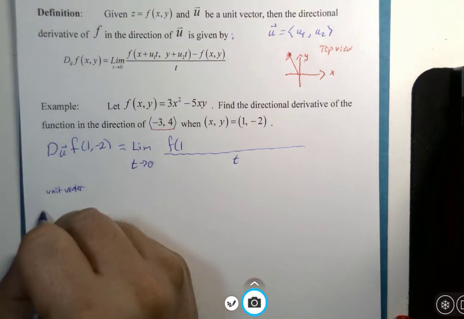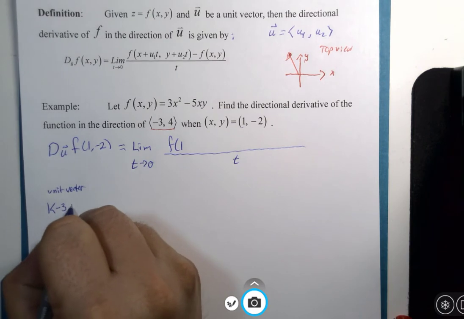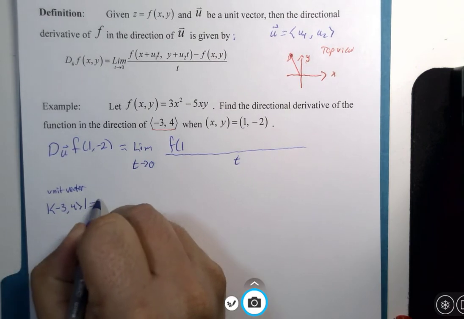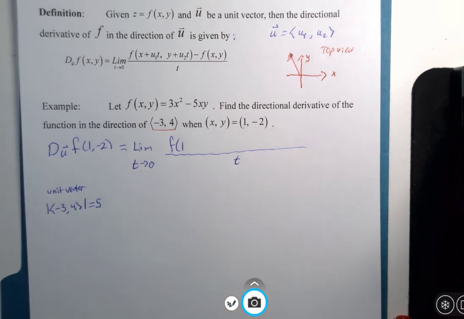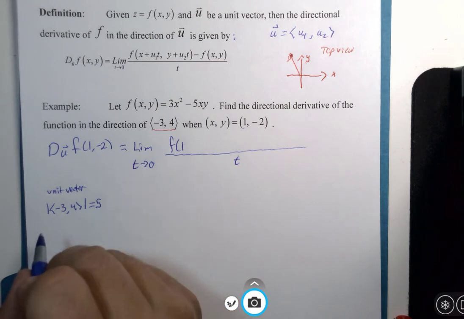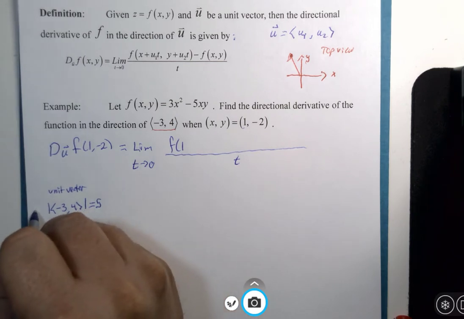The magnitude of this vector, (-3, 4), happens to be 5 because I was being generous in this example. I typically, in my own class assignments, will make sure the magnitude isn't too large a number if you're doing it by hand. But it might be the square root of 3 or the square root of 11. It could happen.